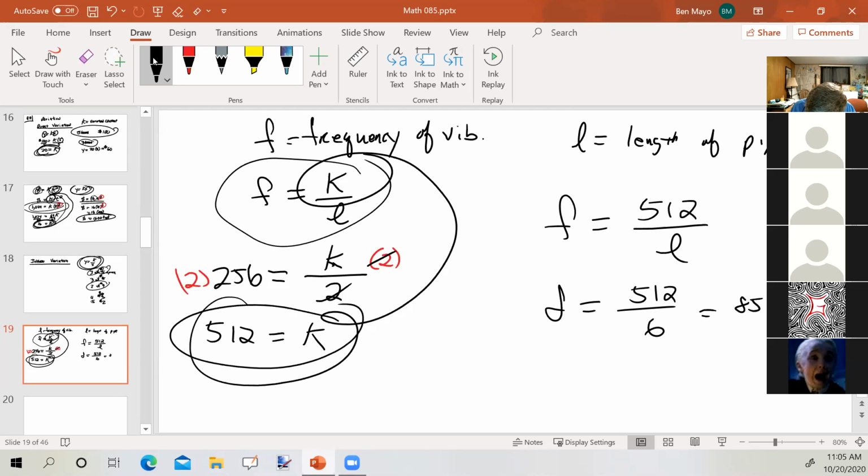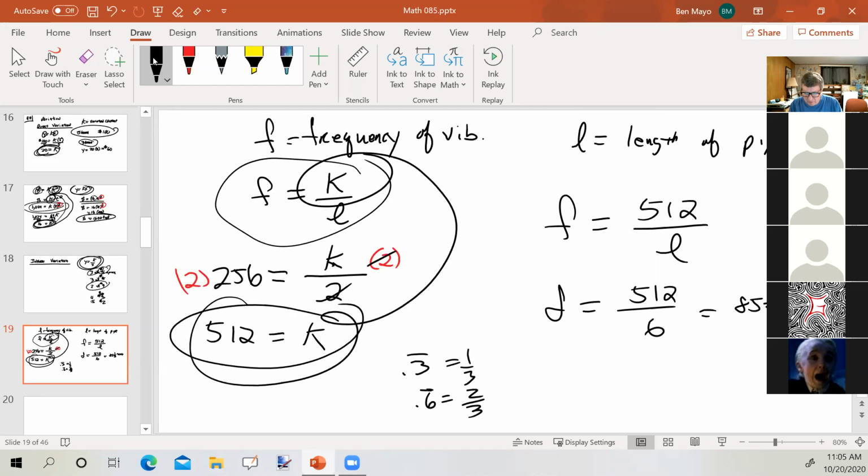So that's going to be 85 1/3 times. 0.3 repeating is 1/3. What's 0.6 repeating? Anybody remember? Two-thirds. 0.3 repeating is 1/3. 0.6 repeating is 2/3.